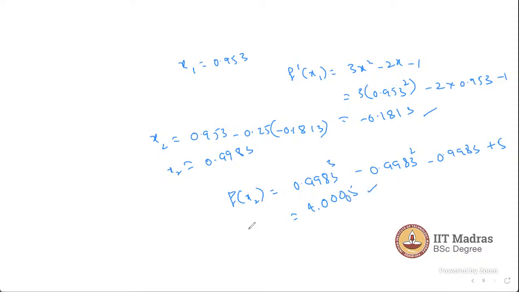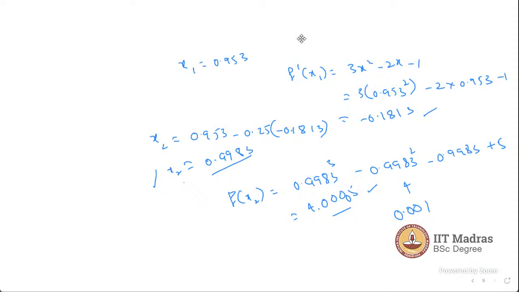For the x value 0.9983, I'm getting f of x close to 4. They mentioned an error of 0.001, and my error is even less. So the answer is 0.9983. I got it in the second iteration.